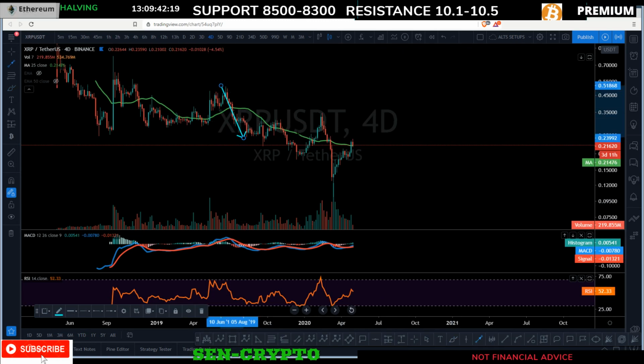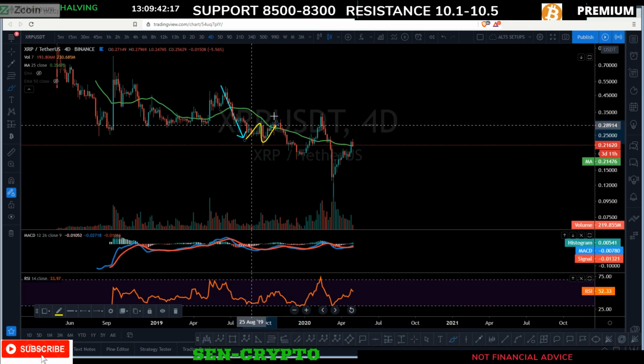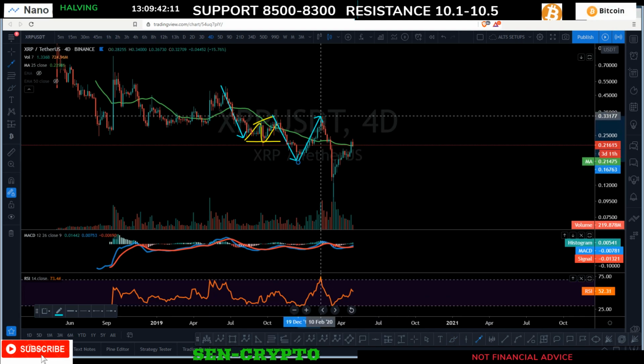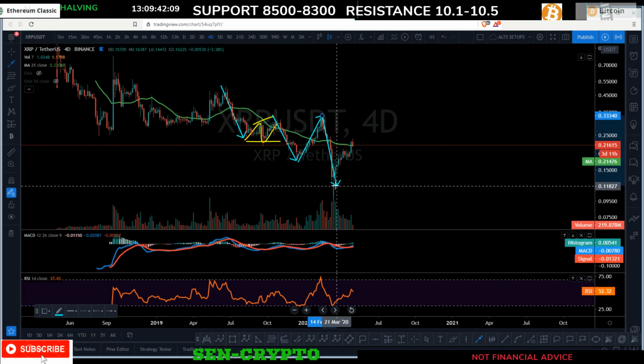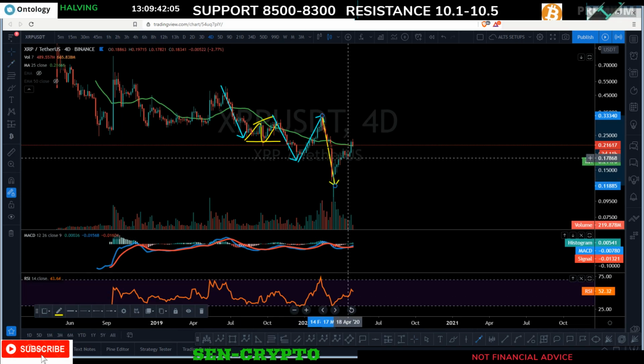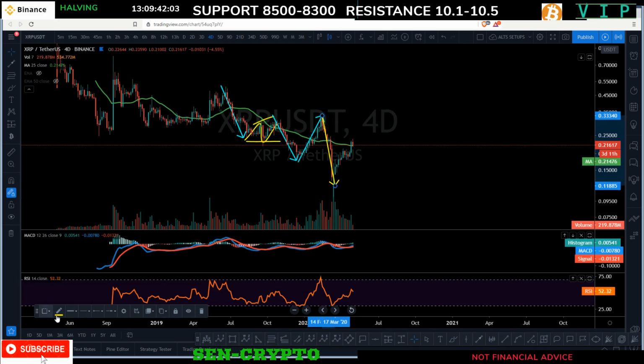And we got the corrective move internally, right? And then we got another impulse move down, right? And we got this move to the upside and this move in yellow, right? Correction, right?